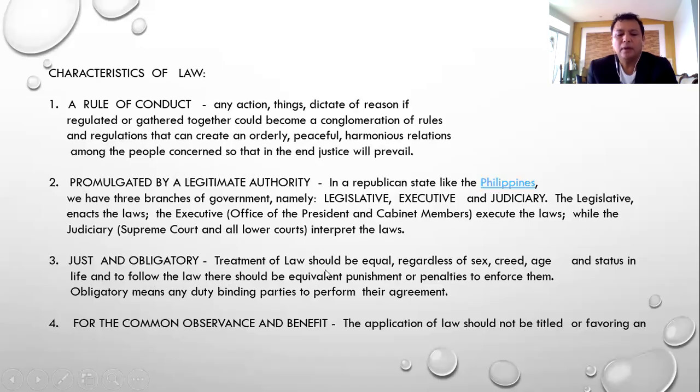And if a person does not comply with the law, there should be punishment or penalty so that it can be enforced.